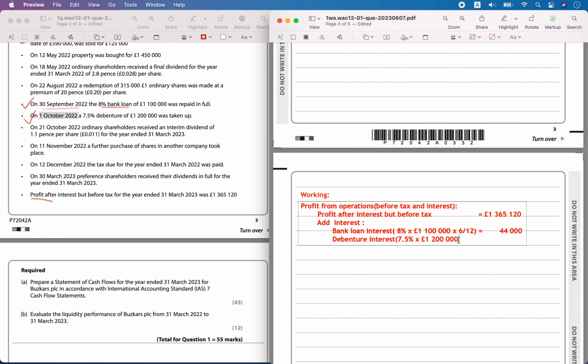So it is again going to be for 6 months only. I will have to pay interest, not for the entire year. So that is going to be equal to 0.075 times 1,200,000 times 6 divided by 12. So that is 45,000.